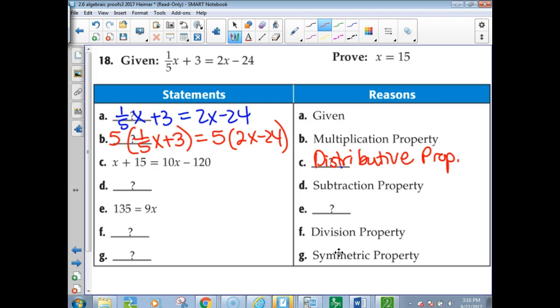Okay, the next step, I know you would want to get your x's on one side. Since x is on the left and 10x is on the right of the equal sign, I think we would subtract x. So we're going to take away an x from both sides by the subtraction property, which will give us 15 is equal to 9 times x minus 120.